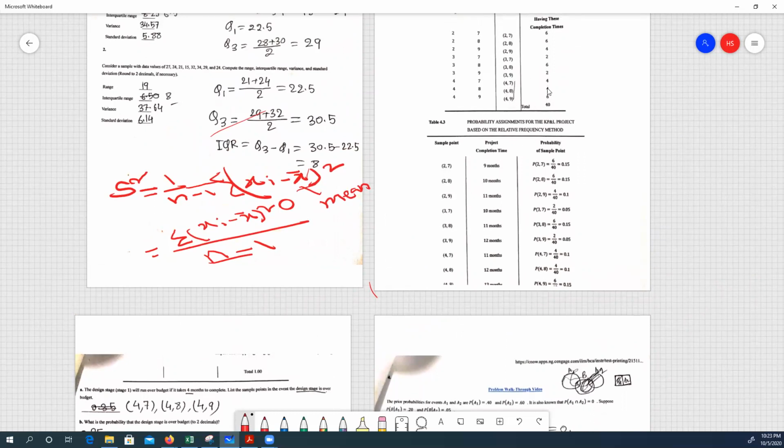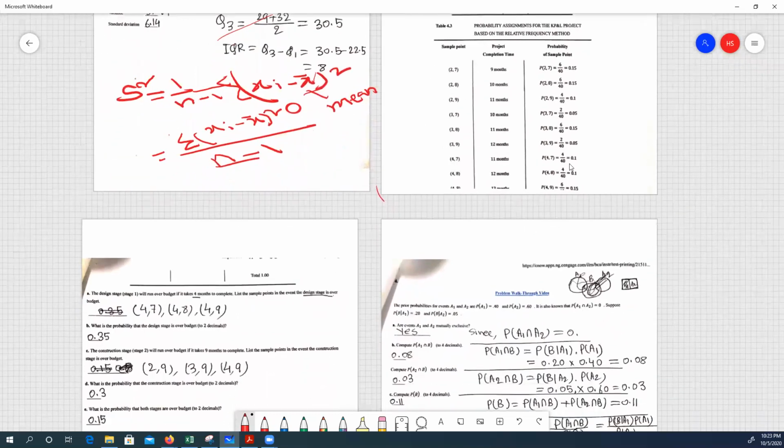So here we have 4 plus 8 plus 6, so 14. So the probability will be 14 over 40. Or another way is, since the probabilities are given, you can just add these 3 probabilities. Then it will be 0.1 plus 0.1 plus 0.15, so 0.35. So the probability is 0.35.